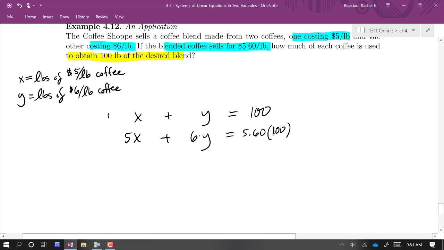So I'm going to number these equations, and I think I'll use elimination by addition again, just because it'll be pretty easy to eliminate one of the variables that way. If we eliminate X, I'm going to leave equation 2 unchanged.